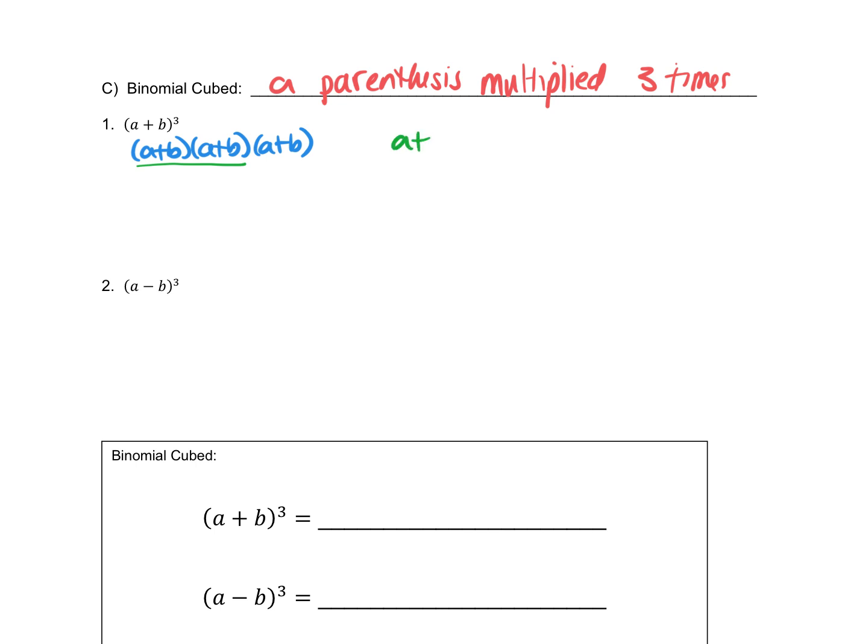A plus B times A plus B is A squared plus AB plus AB plus B squared. That's what we just did on the previous page. So again, I'm just foiling 2 of them.